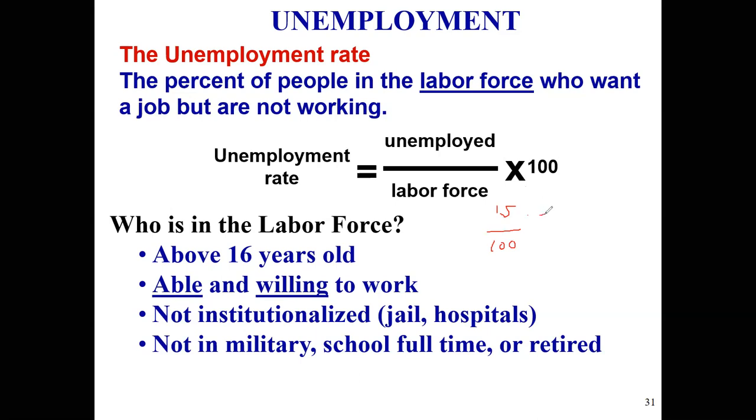So this would be 15%. Now, if 10 people were discouraged, so now 5 people are unemployed because those discouraged workers aren't looking for work anymore, so we don't consider them unemployed. And they're not part of the labor force, right? Because the labor force is unemployed and employed, so that'd be 5 over 90, and that's about 5.5%. So you notice that discouraged workers lowered the unemployment rate, and that's one of the problems with unemployment.